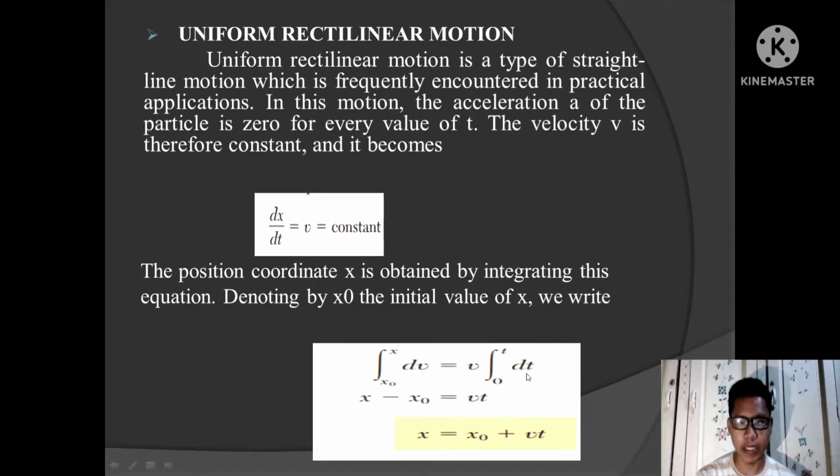Then delta t, so we have x minus x sub o, then the integral of delta t, which is t, then v t. Therefore we come up with the value of x is just equal to x sub o plus v, which is the velocity, times time.